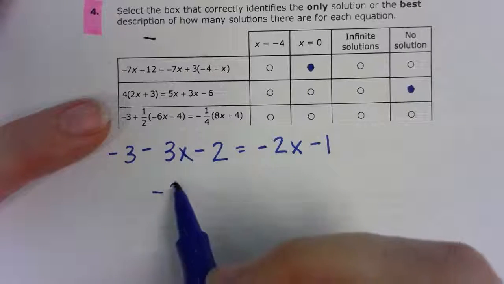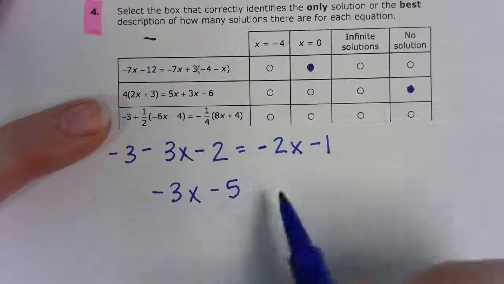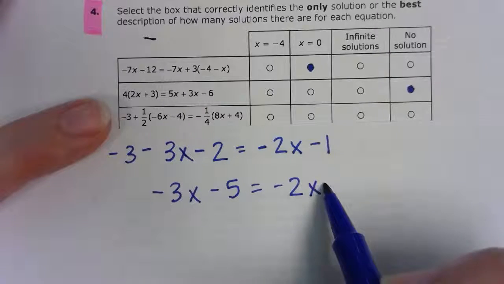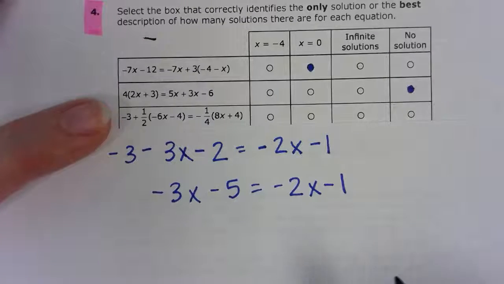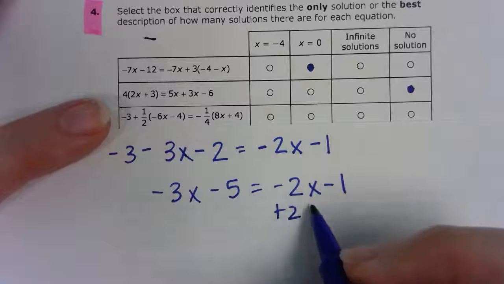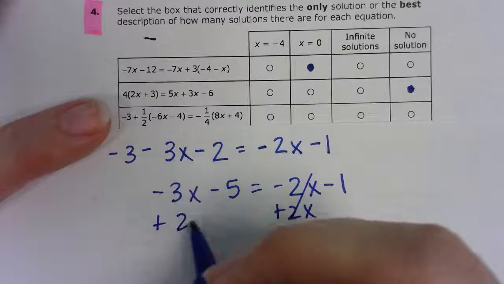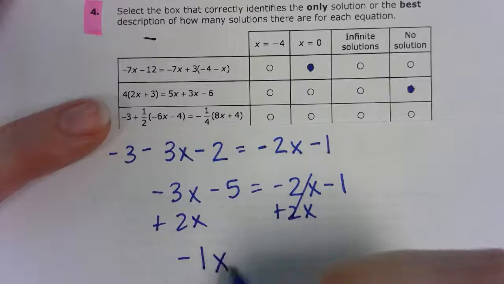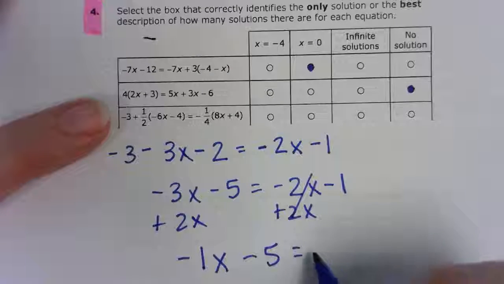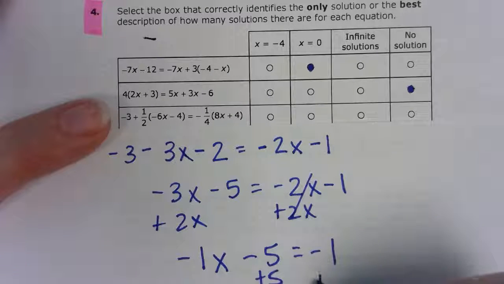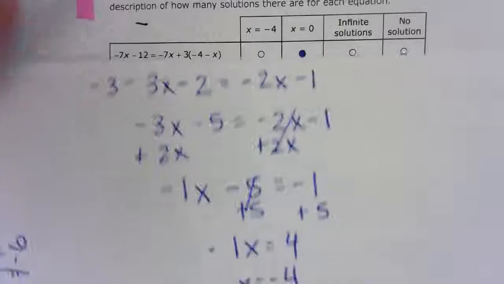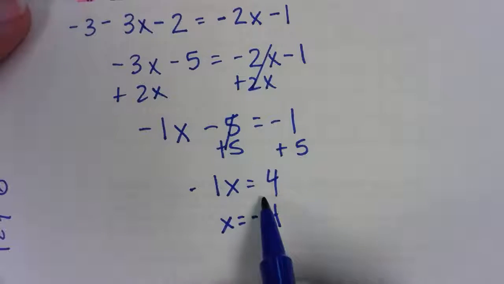So I have negative 3x minus 5 equals negative 2x minus 1. I add 2x to both sides. So that leaves me negative 1x minus 5 equals negative 1. Add 5 to both sides. Negative 1x equals 4. So x is equal to negative 4.